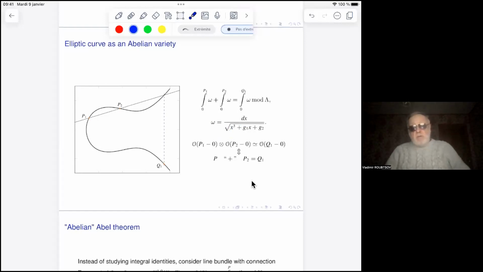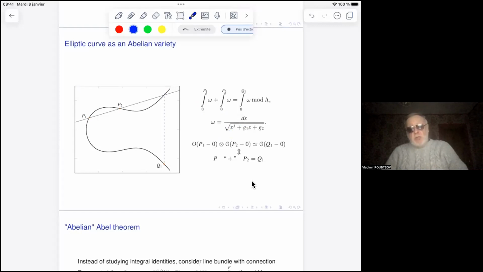You understand that I have this one-form, and integrating it from 0, I make a choice of 0, to P1 and from 0 to P2, we obtain that, due to the abelian addition law, there is a third point which we can define using P1 and P2, and these two integrals modulo lambda, I mean the lattice defining this elliptic curve, give exactly the integral from 0 to this third point.